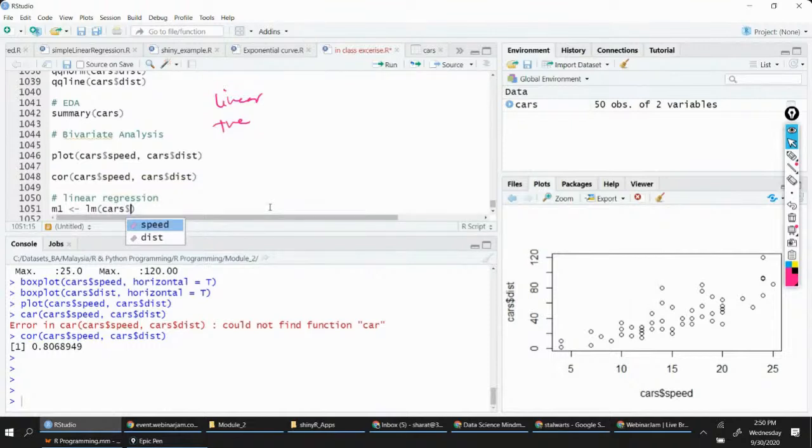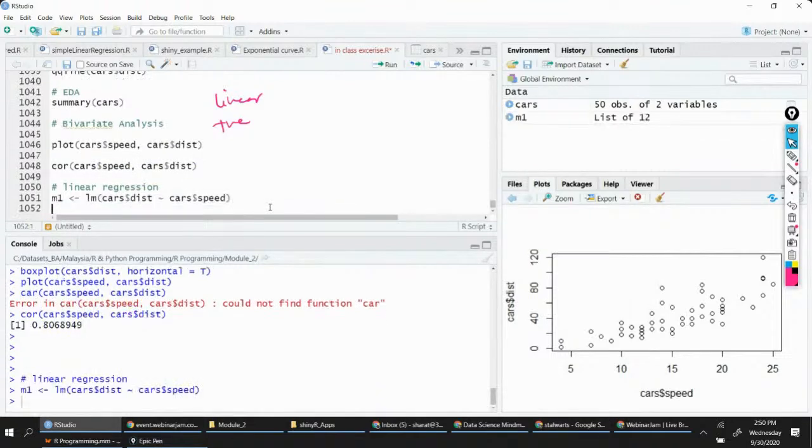So let me take the distance as output. If you go at a certain speed, what is the distance that you will be able to cover? So we need to say y tilde x, regress output using this input. Done. Very easy, right? We have seen this already.